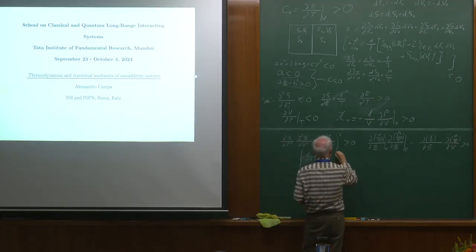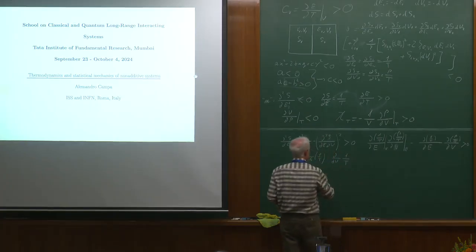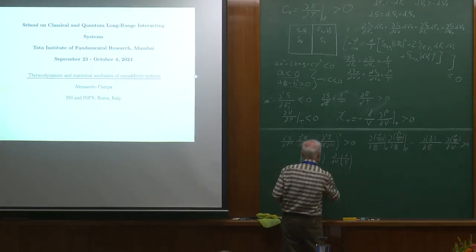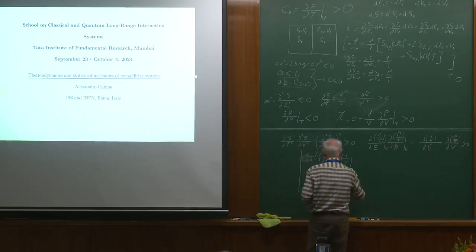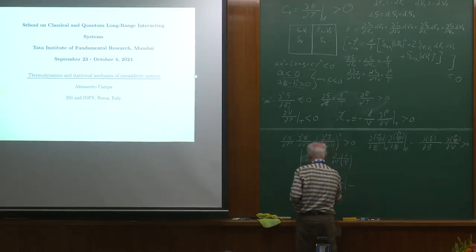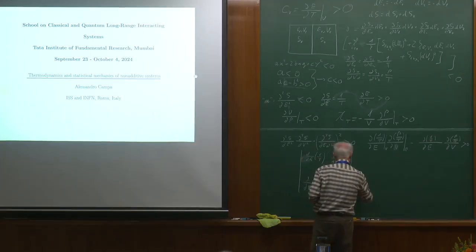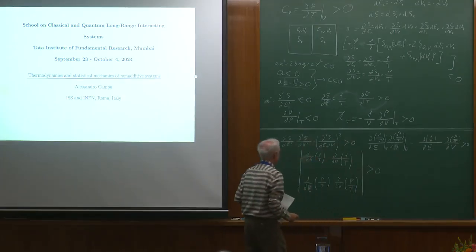Here I have d dE of 1 over T, then I have here d dV of P over T. This determinant is 0, okay?